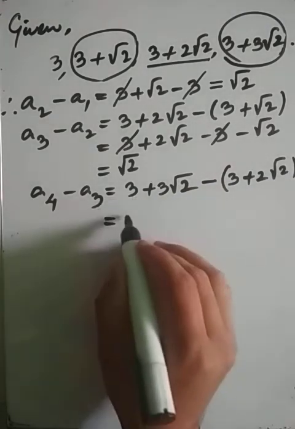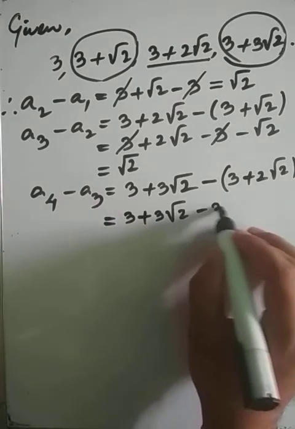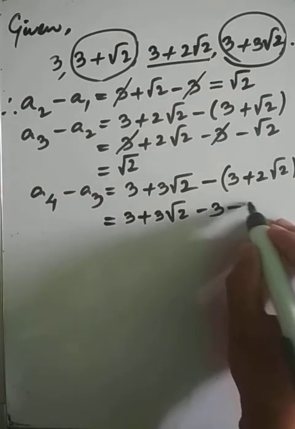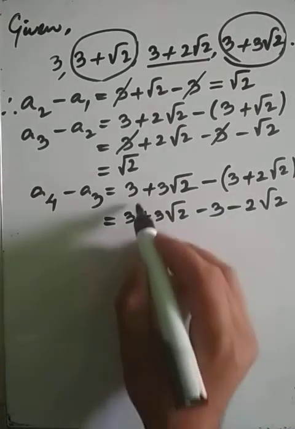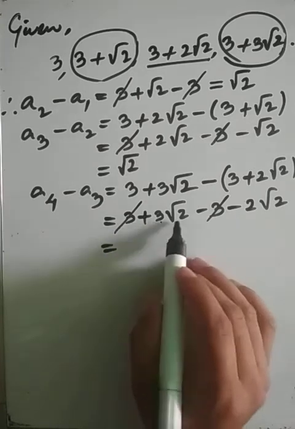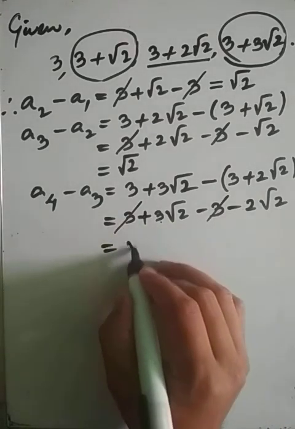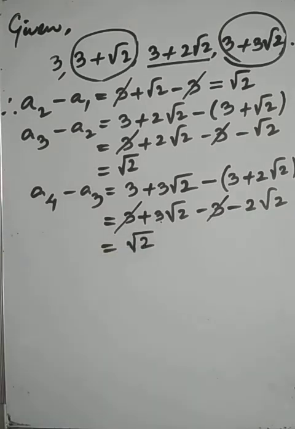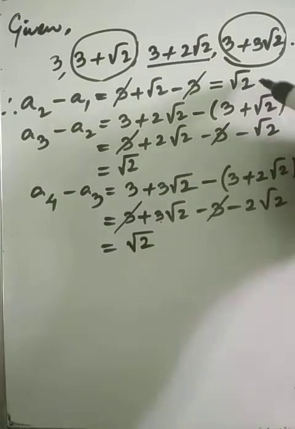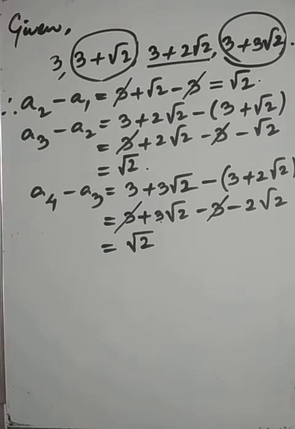So 3 plus 3 root over 2 minus 3, again minus 2 root over 2. 3 and minus 3 cancelled, so we get 3 root over 2 minus 2 root over 2. That means just 1 root over 2. We can write root 2 like this only. So when we find the common difference, we get root 2, root 2, and even here root 2. It shows that the common difference is constant. It is a fixed value.